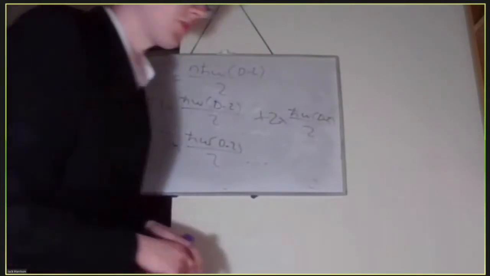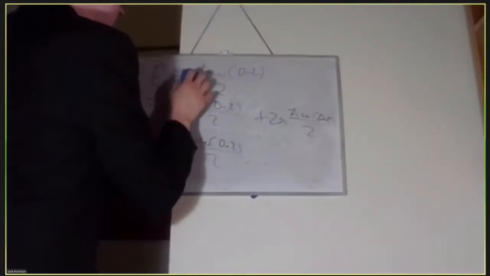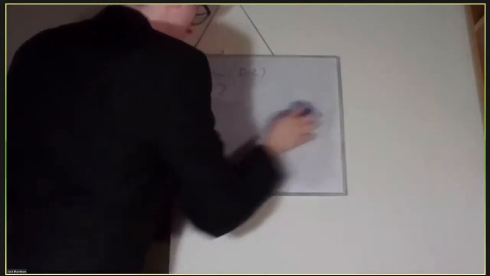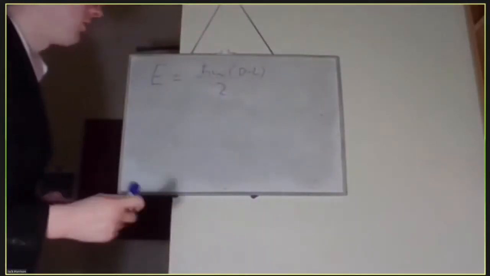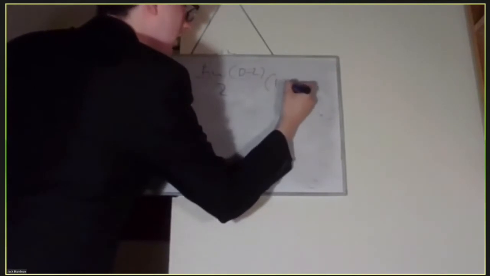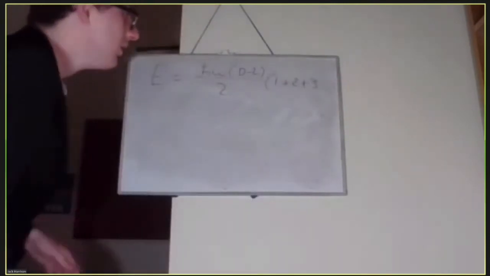But now we can take out a factor of this h omega d minus 2 over 2 to get that the energy of a particle taking all energy levels, because of its harmonics, which is allowed in string theory, would be h omega d minus 2 over 2 times 1 plus 2 plus 3, and so on.